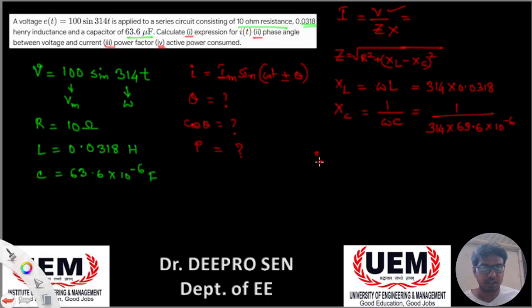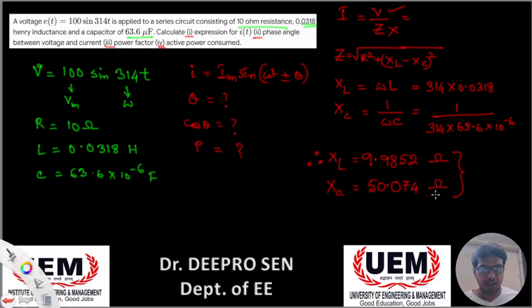So finally XL will be, and XC will be, let me calculate the values and write them down for you. So I've written the values of XL and XC. XL is 9.9852 ohms and XC is 50.074 ohms.